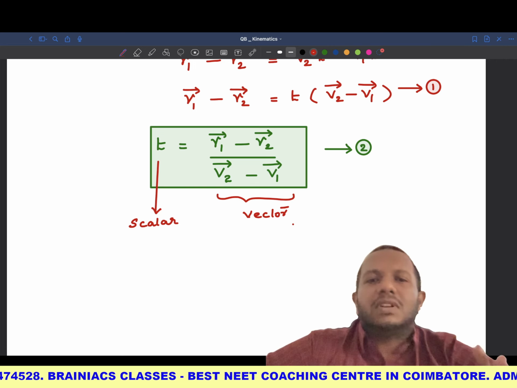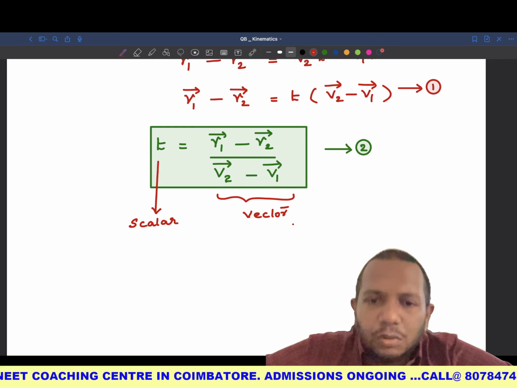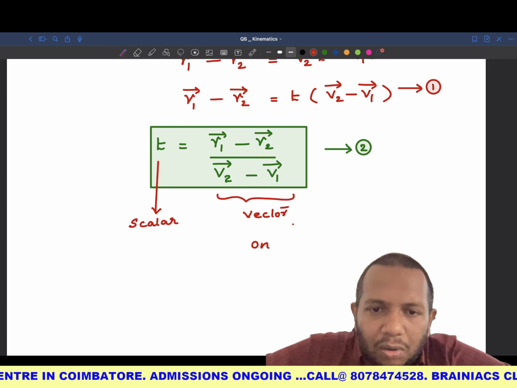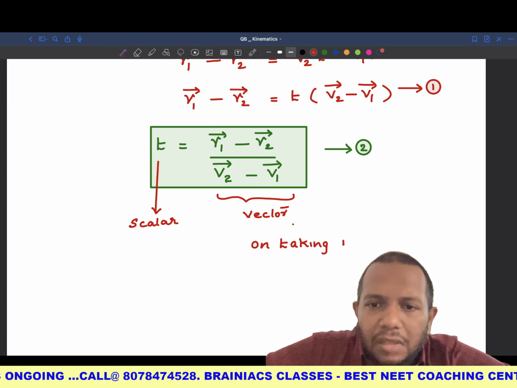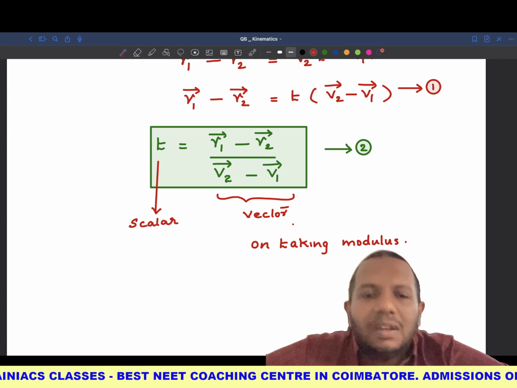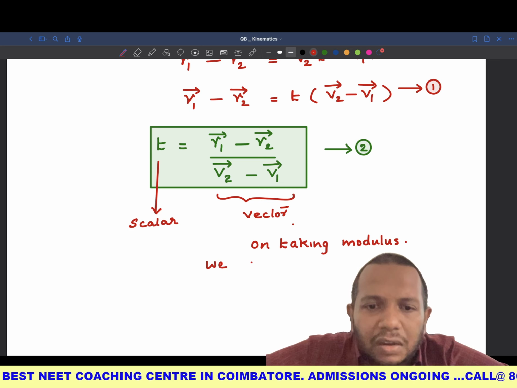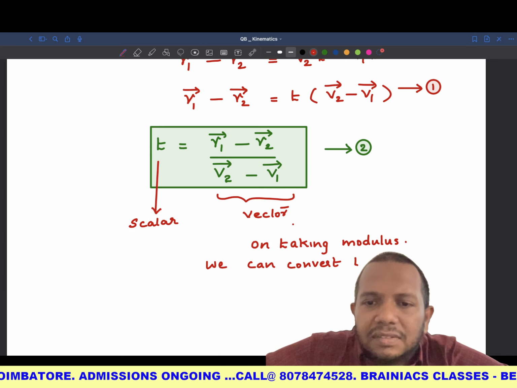So if you convert this vector to a scalar, what should we do? We should take the modulus. This is a very important point in this question: on taking modulus, we can convert this into scalar.